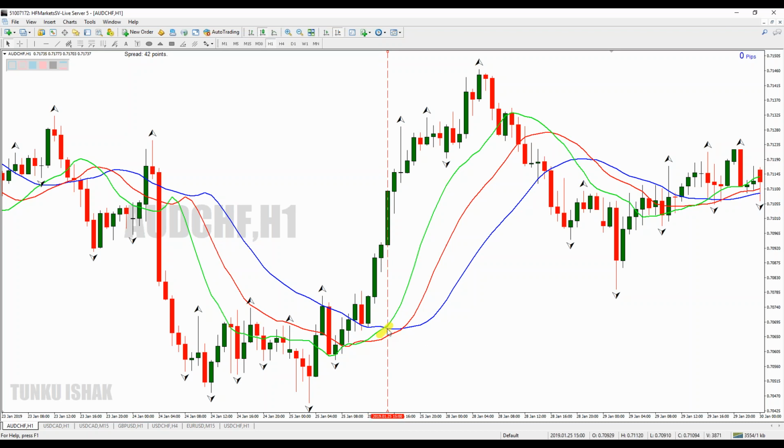At this price you see lips cross the jaw, and here during that time the price is here. Try to see whether it closes above or below. No, still no entry. Our entry is only valid when the next candle is closed.